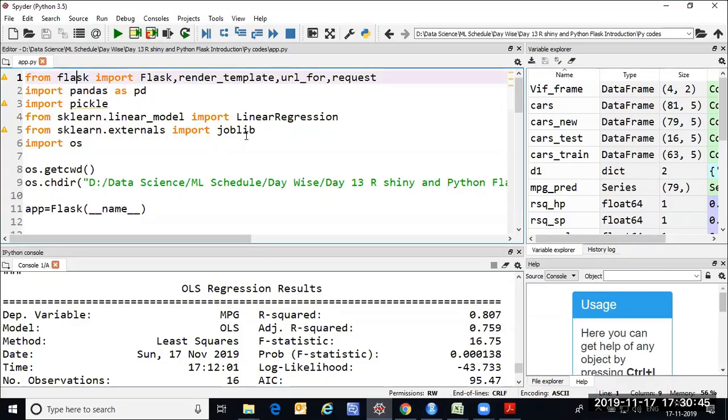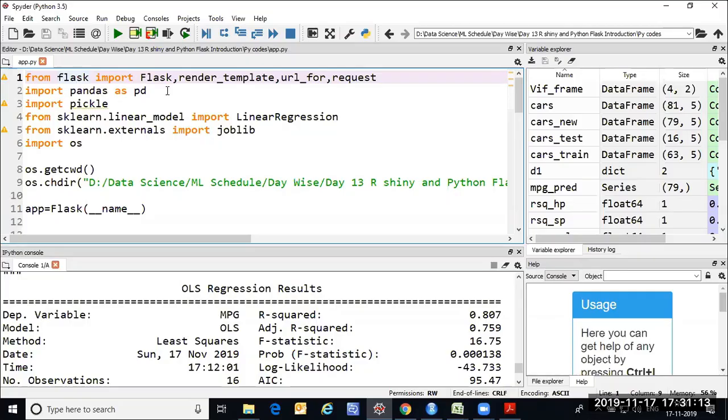What is Flask? It's basically an integrated API that is available for you to deploy your models in a very easy, pluggable manner. Spend some time reading about what capabilities it has and what the different ways of deployment are that you can do with this particular tool, Flask. It's basically an API.